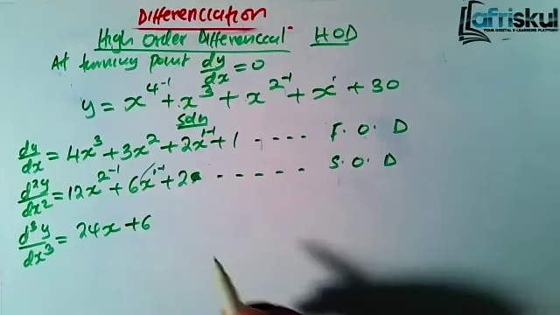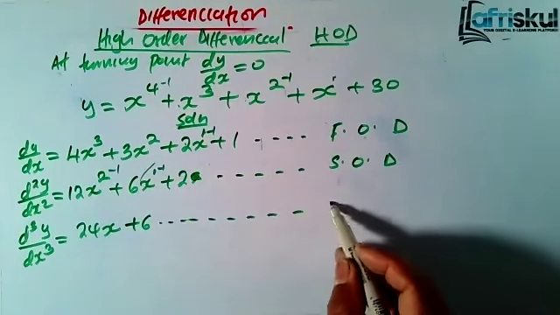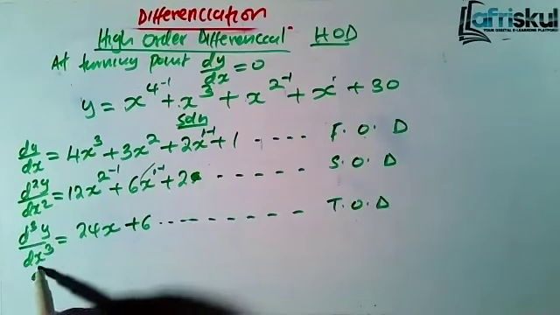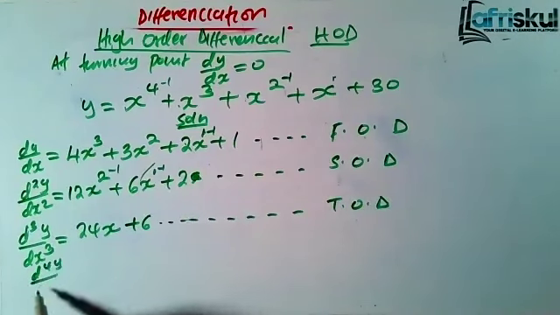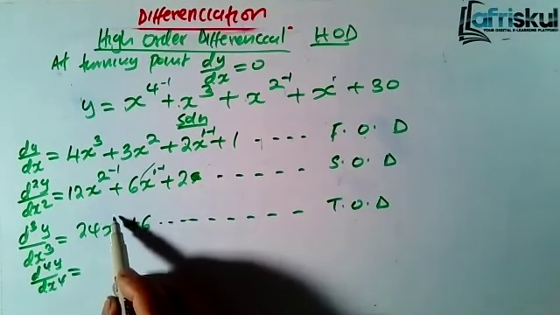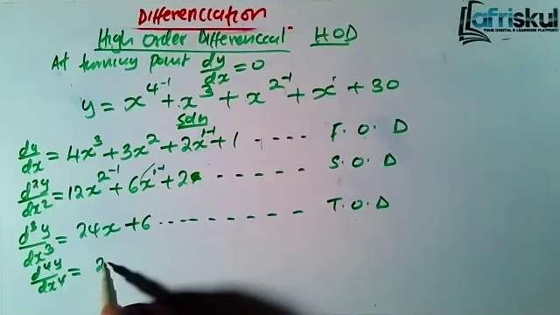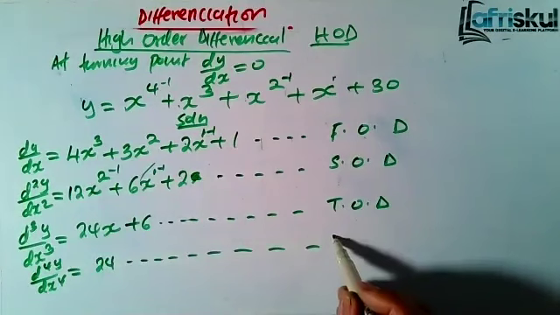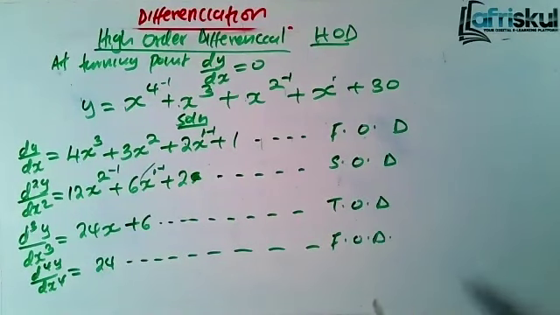So that ends. Now that's what we call the third order differential. Let's go to the next, d4y over dx4. So it will be 1 times 24, you will get 24, and that ends there. There is no other x. Now that's what we call the fourth order differential.